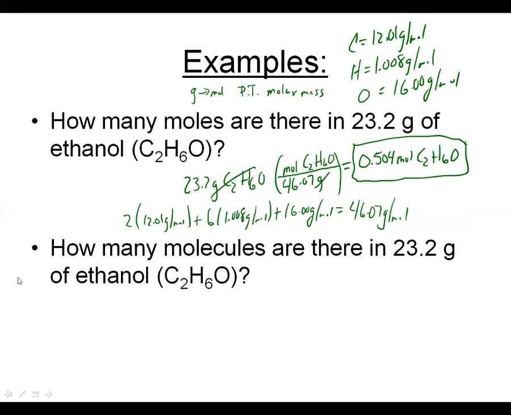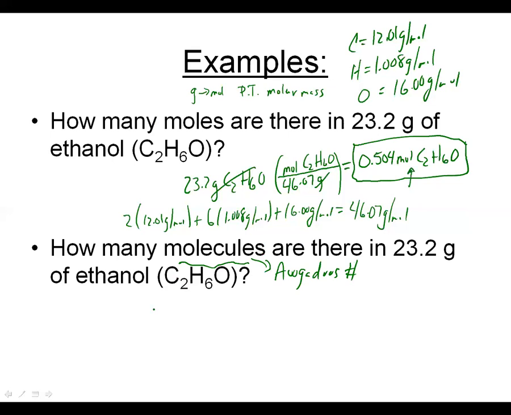For our bottom part, we are looking for molecules. Again, this is the keyword here that tells us we need to use Avogadro's number to do that. And that is going to be from molecules to moles, and that's what the first part we calculated.